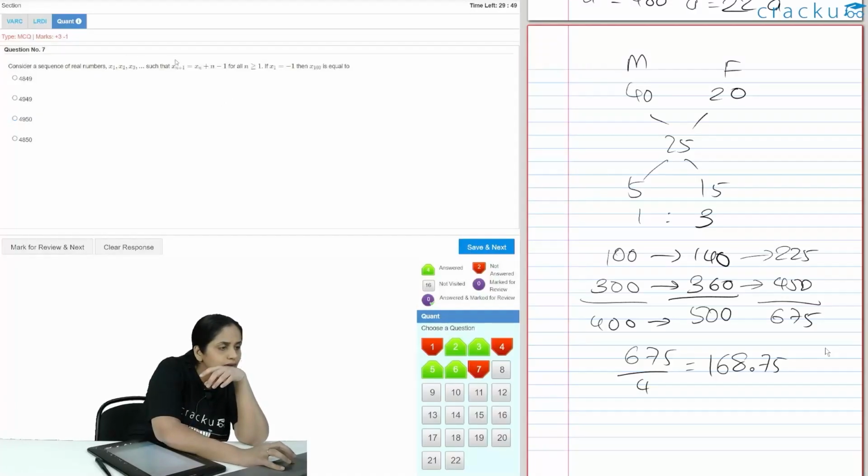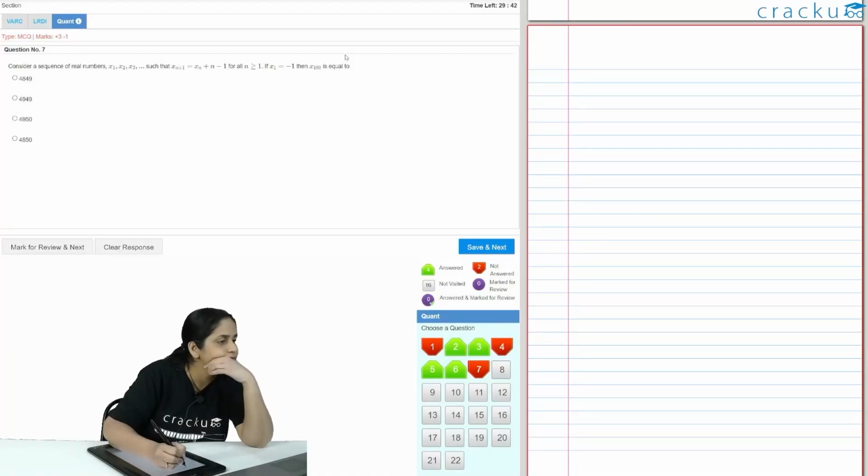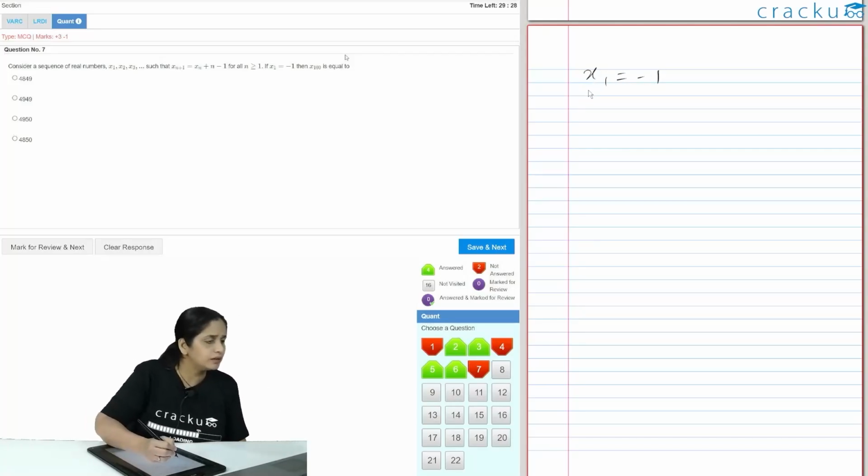Consider real number sequence. Okay. Okay, so x equal to 1 is equal to -1. So plus n minus 1.